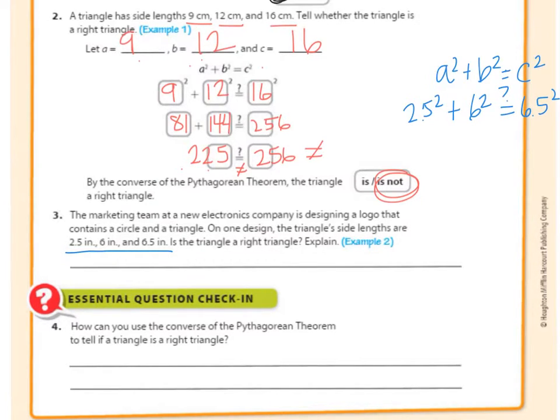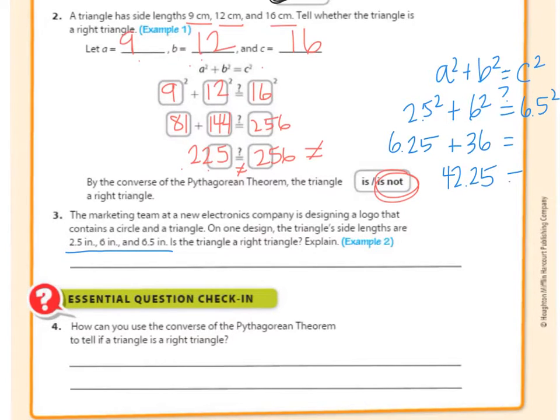So I'm going to solve that to find out what 2.5 squared is. 2.5 times 2.5 is 6.25. Plus 6 squared, which is 6 times 6, which is 36. When I add those up, I get 36 plus 6.25, and I get 42.25.